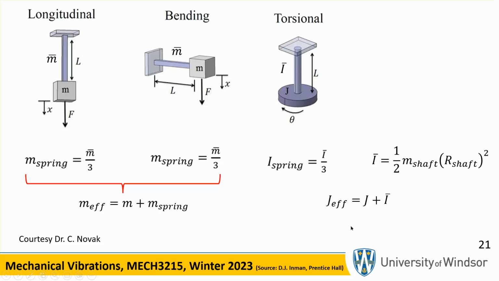So it's going to be the standard J plus 1/3 of this guy. For the shaft, you know what the formula for the I of the shaft is. This is polar moment of inertia about this axis.